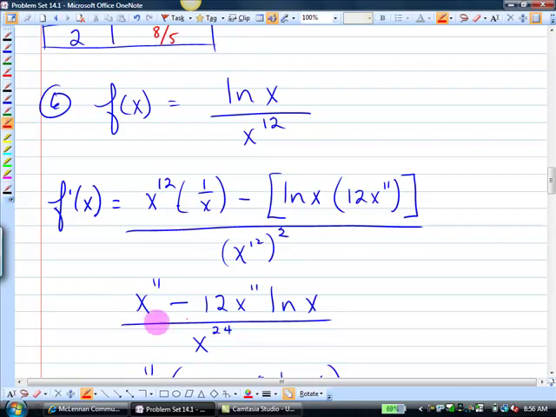That's x to the 11th minus, I just moved the 12x to the 11th to the front. And what happened here? X to the 24th. You multiply exponents when it's power to power. Okay, raising power to power, you multiply. You don't add. So this was just simplifying.